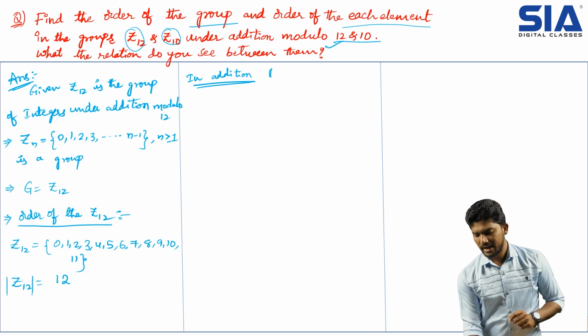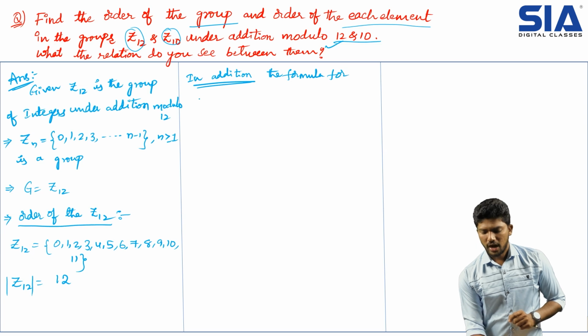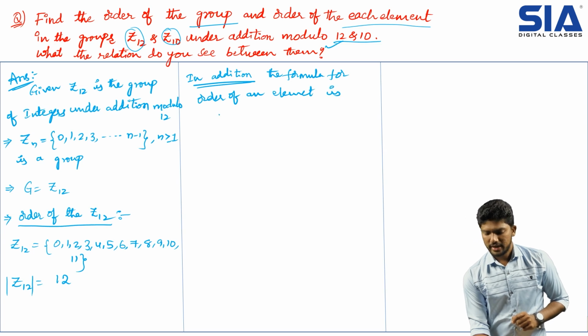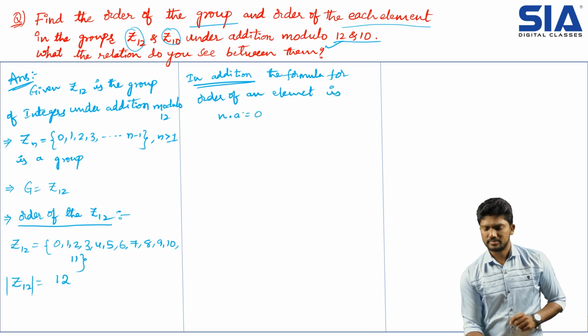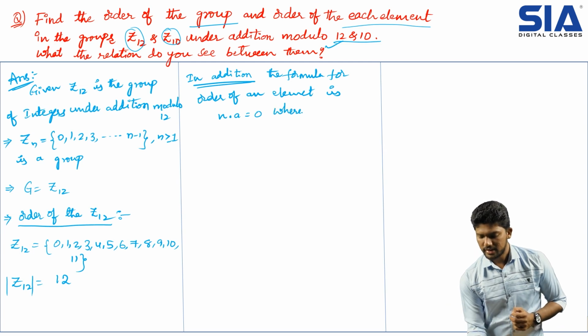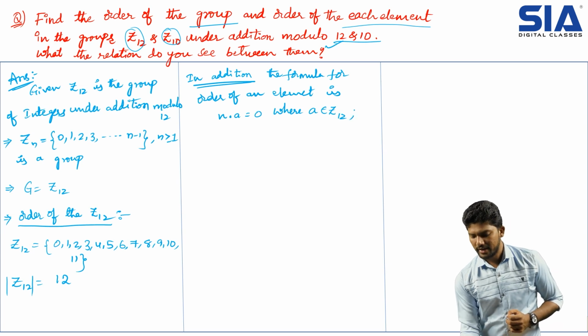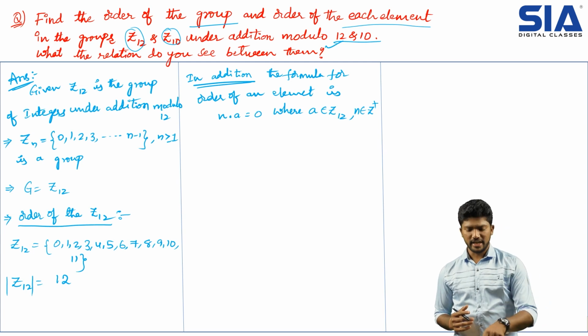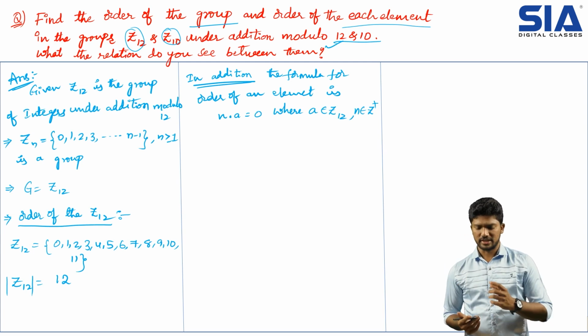The formula for the order of an element is n into a equals 0, where a belongs to Z12 and n belongs to the positive integers. Here n is a positive integer and a belongs to Z12.